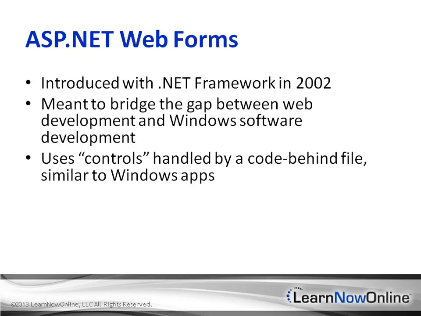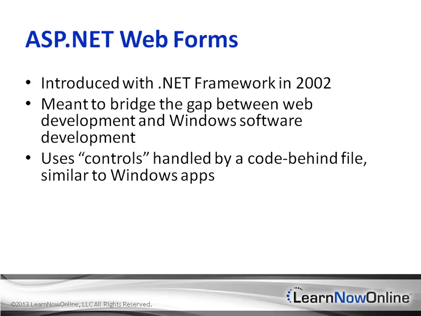For instance, it uses controls that are handled by a code behind file, which is similar to Windows applications. So when you're making your web pages, instead of having lots and lots of static HTML, you've got button controls and text box controls and all the things you're used to working with in a Windows form application. And then you have code that sits behind those in a file that processes the events.